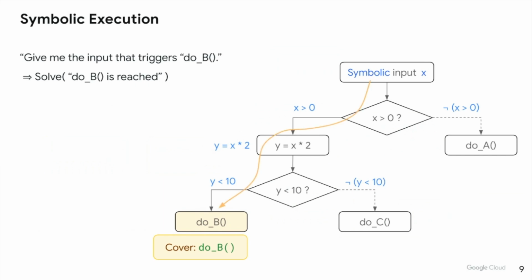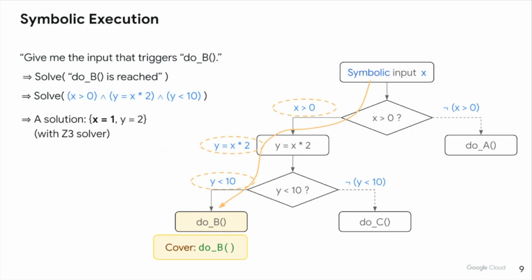And then from here, we find the constraints on our symbolic input that make that path possible. For example, here, if x is greater than 0, y is 2 times x, and y is less than 10, then we reach this function. So we encode this constraint in a machine-interpretable form, for example, SMT formulas, and then we use a solver, for example, an SMT solver like Z3, to see if this formula is satisfiable or not.